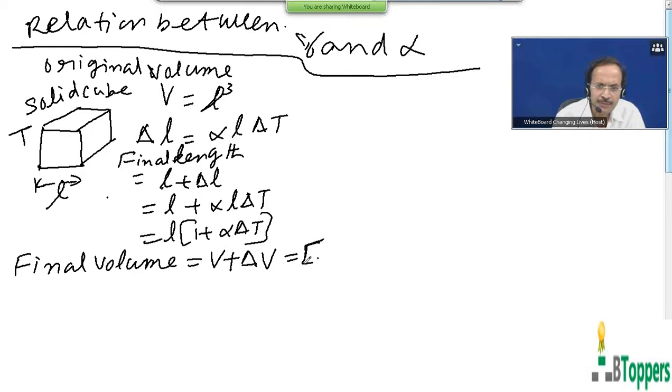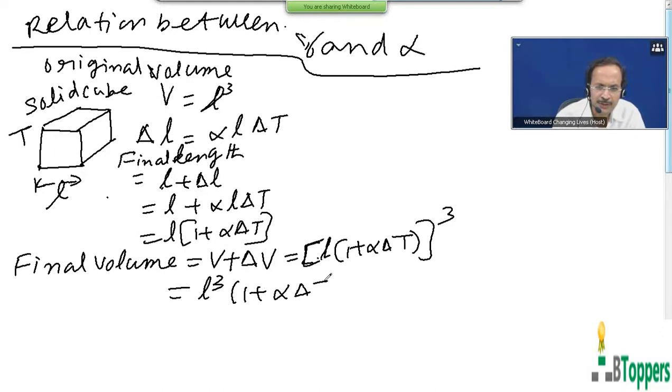I'm sorry, the final volume can be written as the cube of the final length, not the square. That is L into 1 plus alpha into delta T whole cube. This you can write as L cube into 1 plus alpha into delta T whole cube.